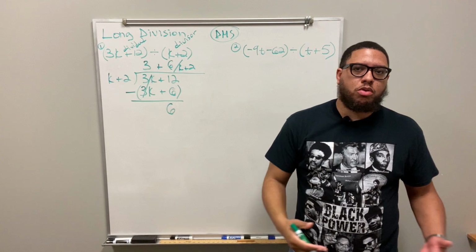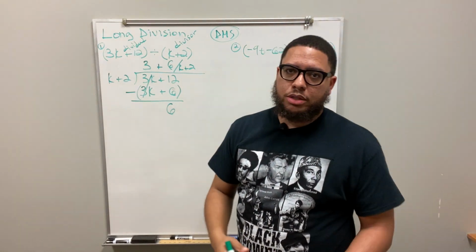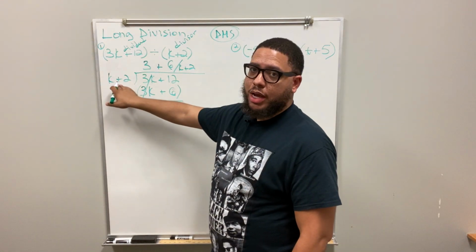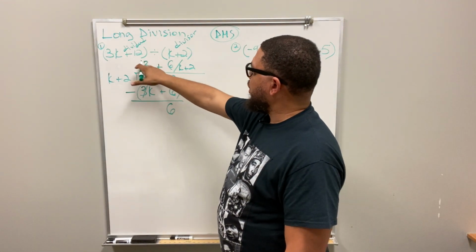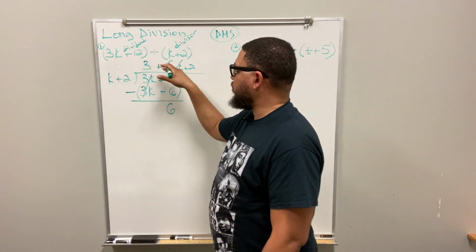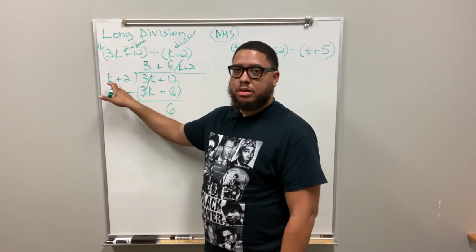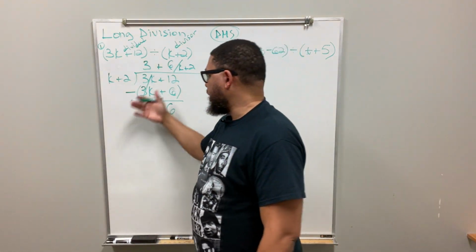So that's like the formal way to write your answer when you do polynomial long division. 3 plus the remainder divided by the divisor. Remember, the quotient, whatever is on top of the bar after you do all your division, plus the remainder divided by the divisor. All right, that's example 1.